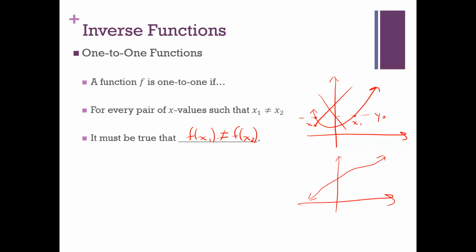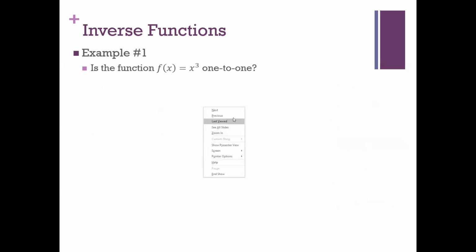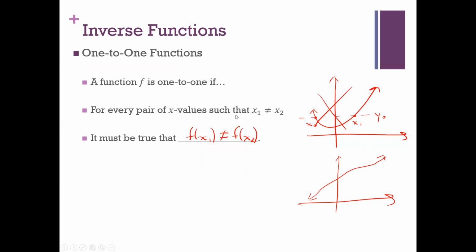If you have two values in the domain that are different from each other, the function has to map them to different things in the range. But as I've shown here, this horizontal line test is the graphical, quick and easy way to think about that as well. Any questions on that?